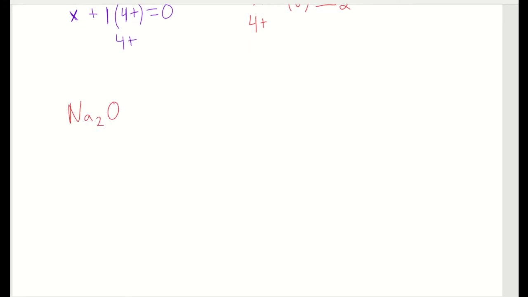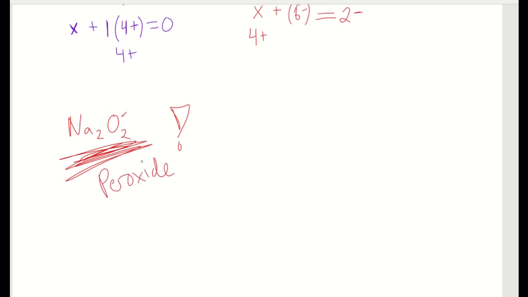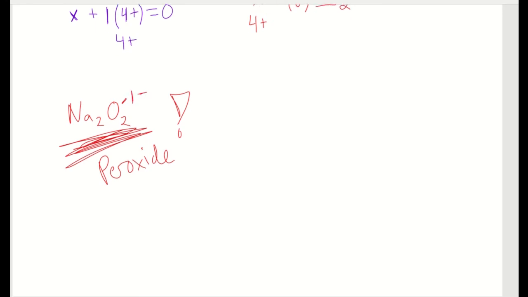All right, so let's look at Na2O2. Now this one, warning, this is a peroxide. It has the form X2O2. That is the case where oxygen is not going to be 2 minus, it's going to be equal to -1. So we have -1 times 2.